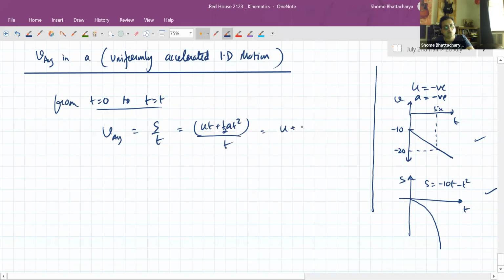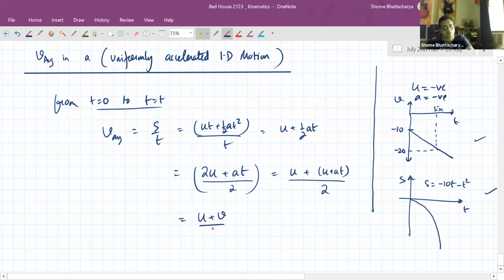You can see it is u plus half at. Now we can write this as 2u plus at, the whole thing divided by 2, which we can further write as u plus v by 2.